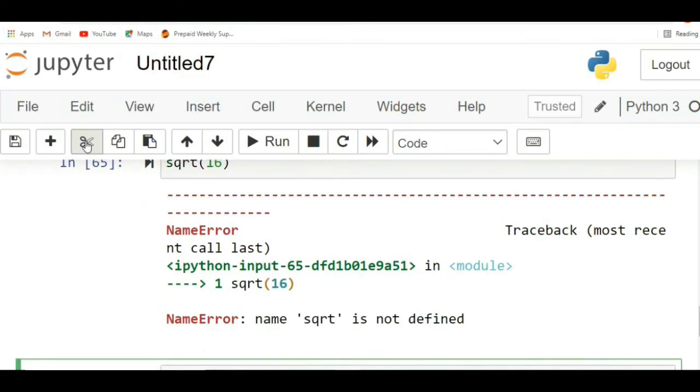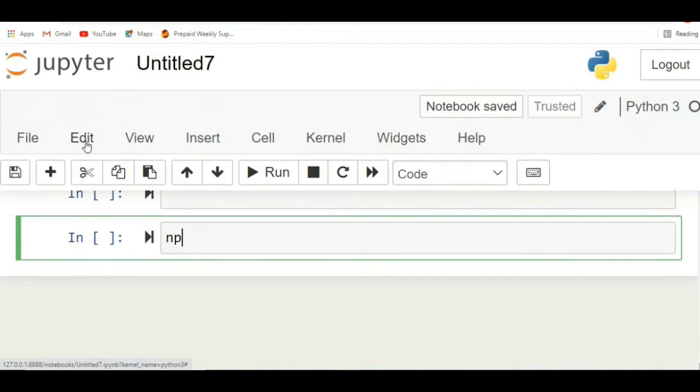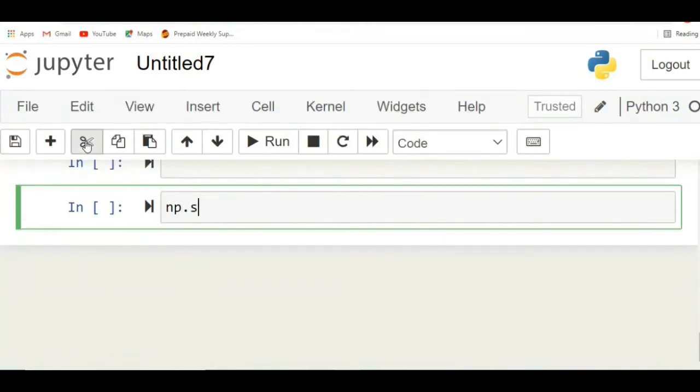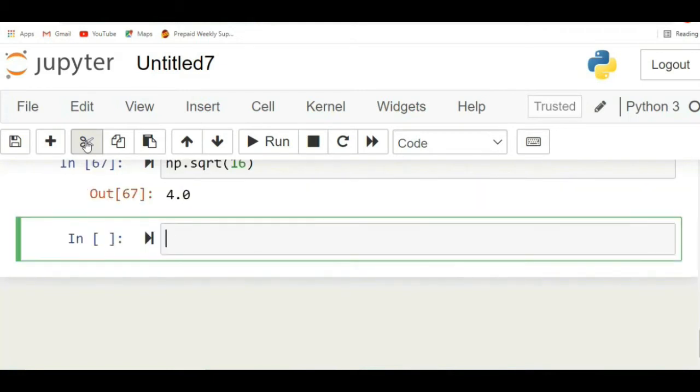So we have to take support from the NumPy library. So here we shall write np dot sqrt of 16 inside the parenthesis, and then control enter, and yes, it is 4. Okay, so np dot sqrt, inside the parenthesis you shall write the number.